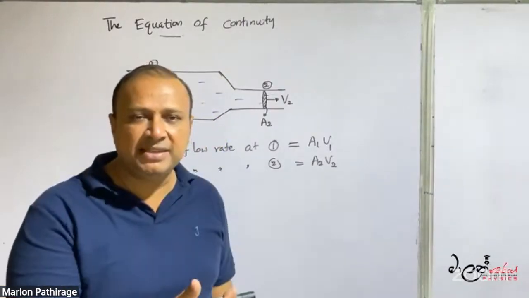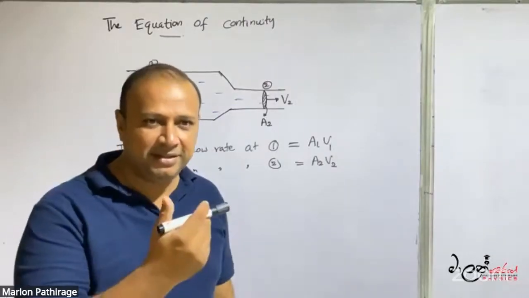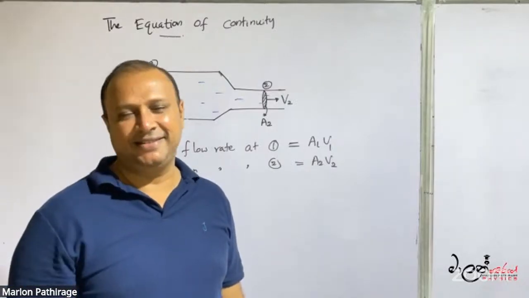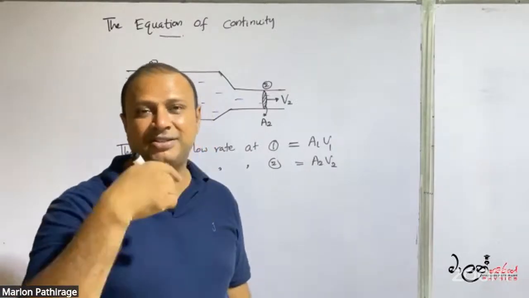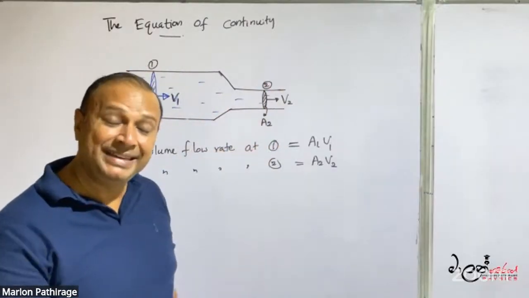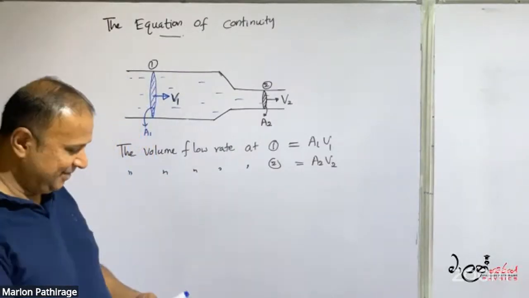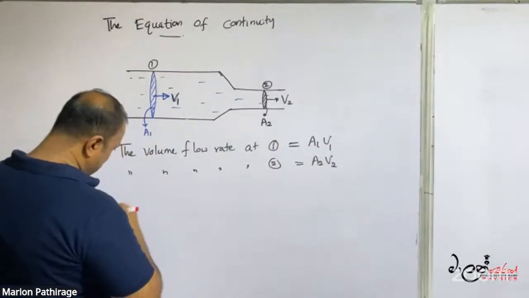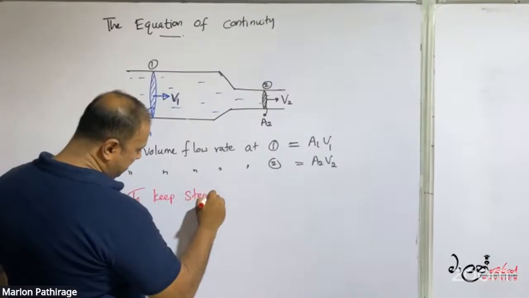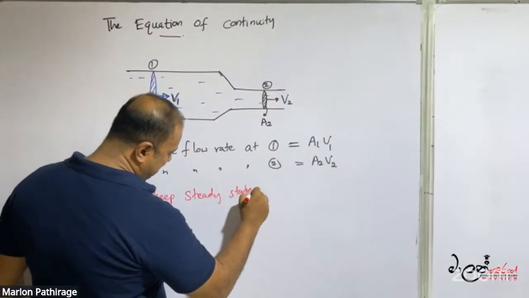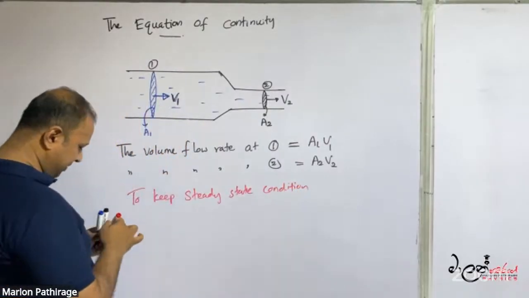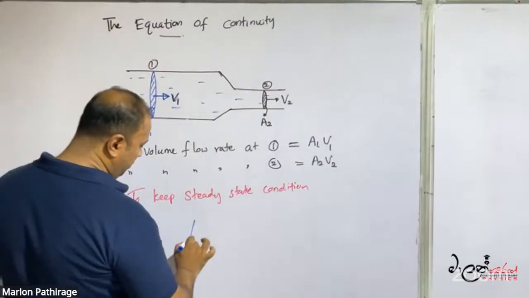Equation of continuity means we have to continue steady state condition. To continue steady state condition, definitely volume flow rates should be equal in each cross section. Therefore, to keep the steady state condition, A1 V1 should be equal to A2 V2.